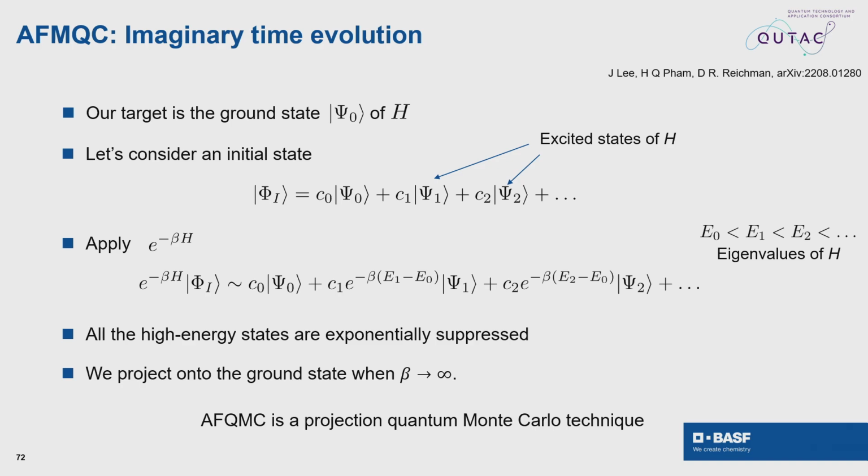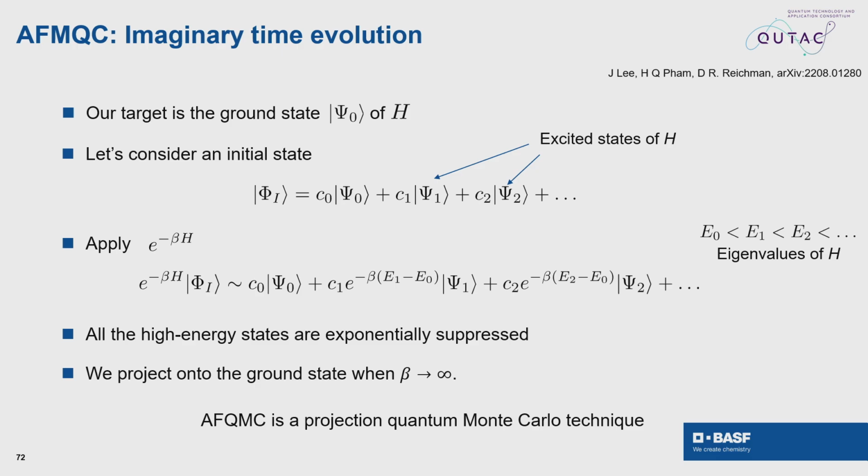Now you know that you can expand each of these states into a series using all the ground state and all the excited states of our Hamiltonian H. This expansion will have some coefficients, and we would like to distill from this expansion only the state psi 0.